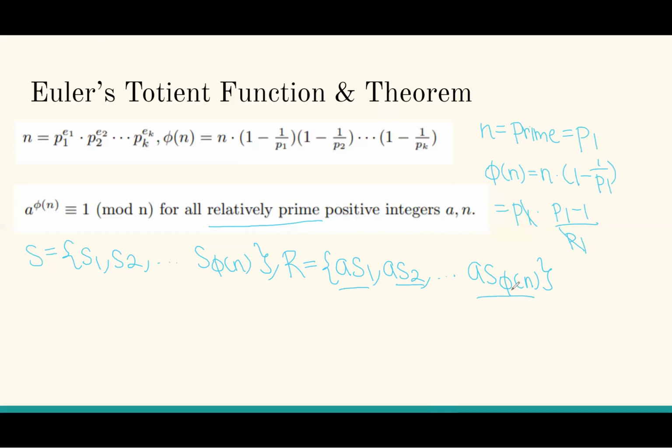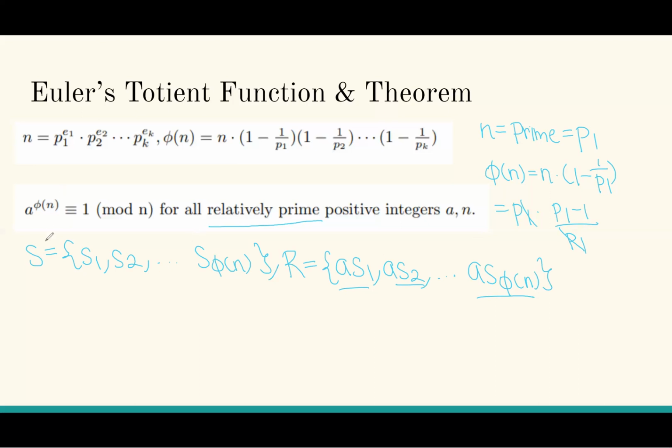Now, since we counted all of those values already in set S, each element in R corresponds to one element in S. Obviously it wouldn't be in the same order and it wouldn't be the same value, but they would be equivalent in modulo n. So these values are the same, in fact. Some S value corresponds to A times S1, and then this corresponds to another value here, and so on.